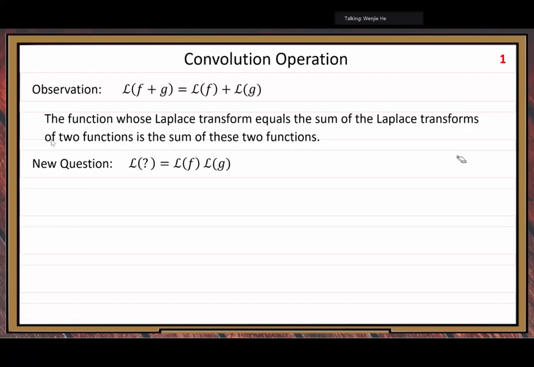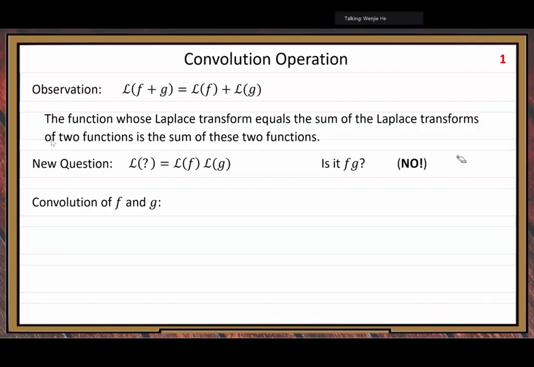By analogy, people try to discover new properties. First, we try: is it the product of these two functions? The answer is no, because we can easily find a counterexample.